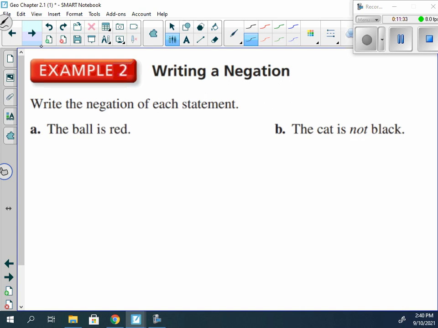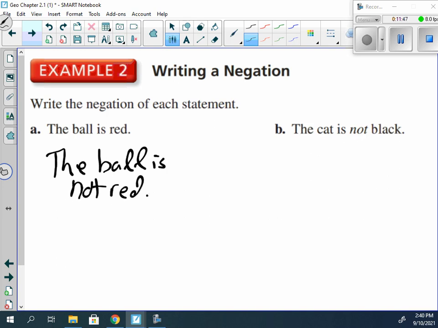The ball is red. What is the negation of this? Now, it's not saying that the ball is blue or the ball is green, because it's just the opposite.